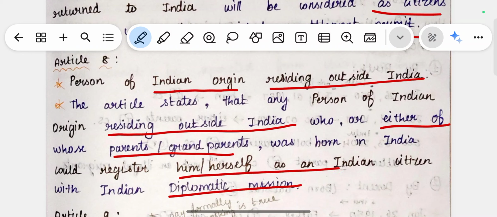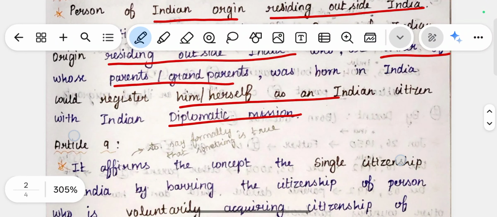So if a person residing outside India has Indian origin, they can register as an Indian citizen at the diplomatic mission.